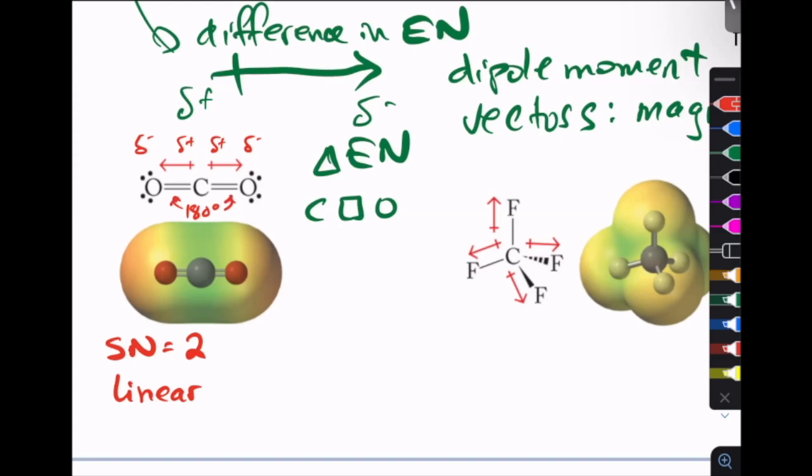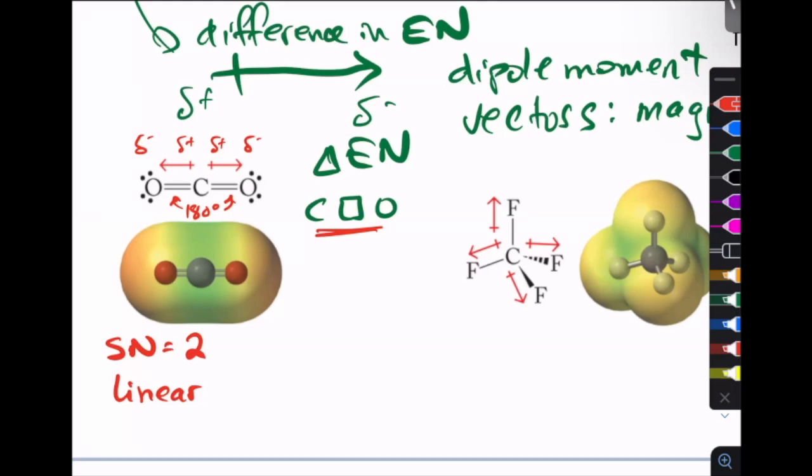So even though these bonds are polar because of the difference in electronegativity, they are going in opposite directions. It doesn't matter whether the arrowheads are pointing out or pointing in. All that matters is that the dipole moment is exactly the same. They're both carbon-oxygen double bonds. Whatever the magnitude is, we don't care numerically, but it's the same magnitude for both of these bonds.